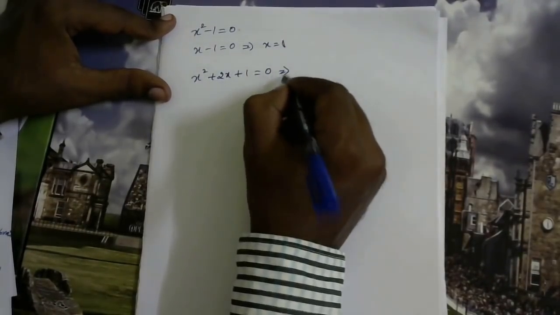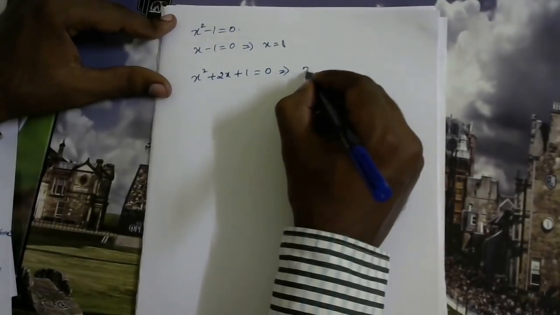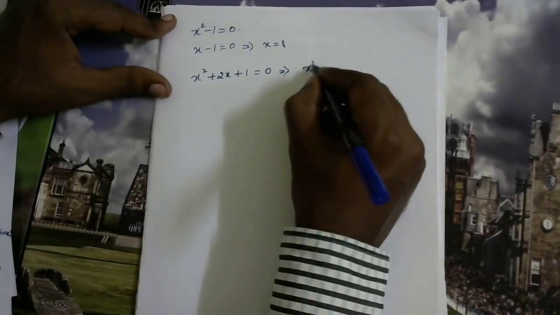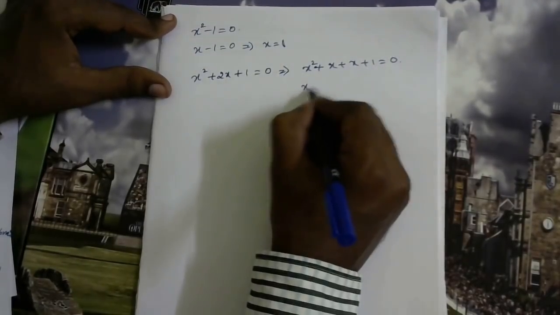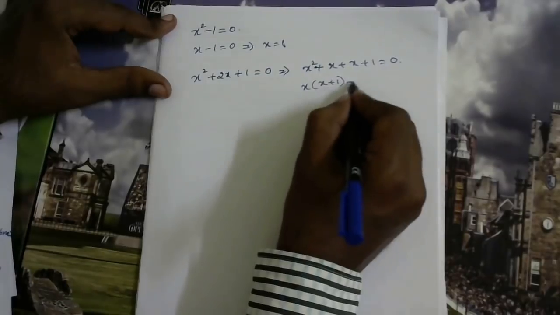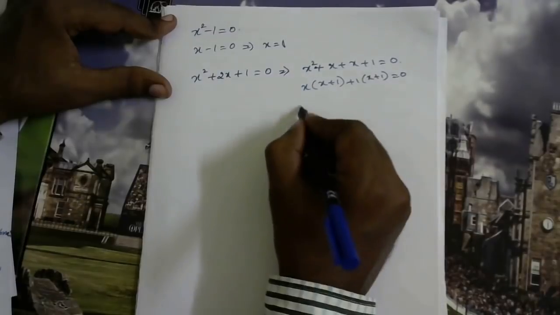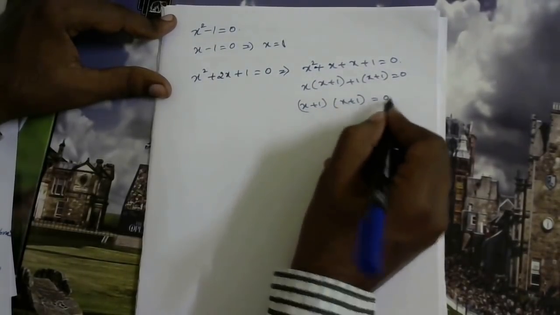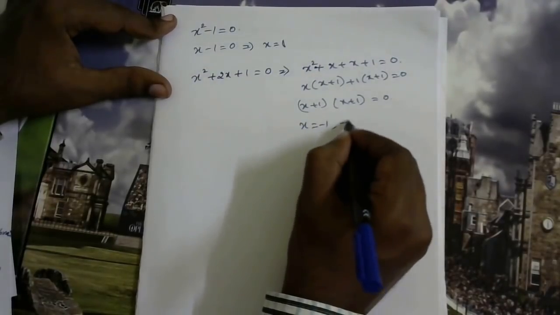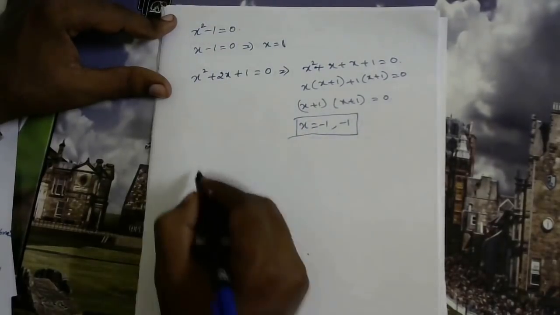By using the quadratic formula, or by factorizing, you'll get the solution. So x square plus x plus x plus 1 equals 0. If you take x common, x into x plus 1, plus 1 into x plus 1, you get x plus 1 into x plus 1 equals 0. So x is equal to minus 1, minus 1. So you get the solutions.